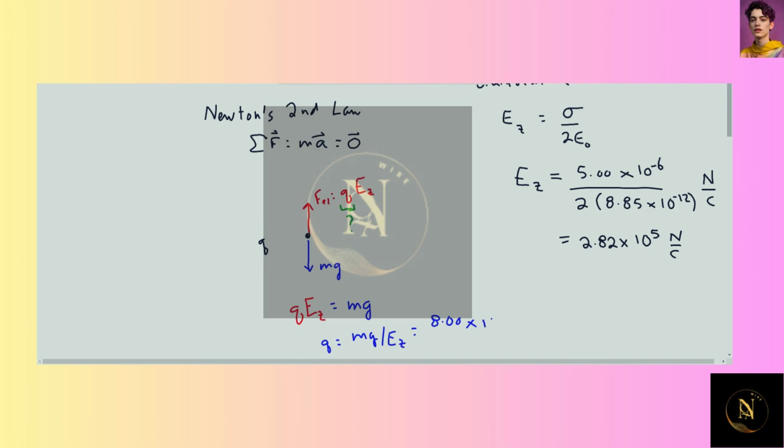And we certainly know g, so we can find the weight in newtons. And then we must divide by the electric field in the Z direction, which we now have calculated. And we wind up with the amount of charge in coulombs.